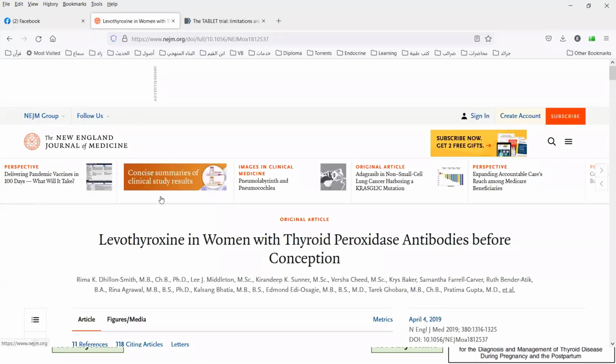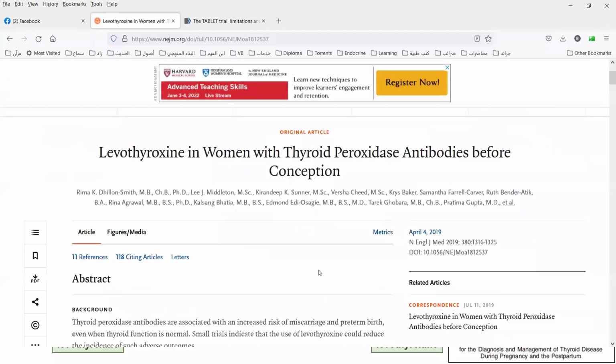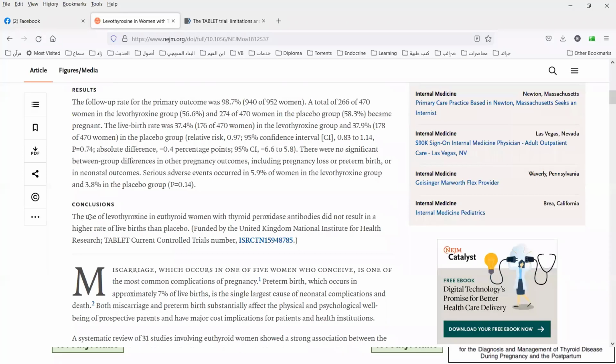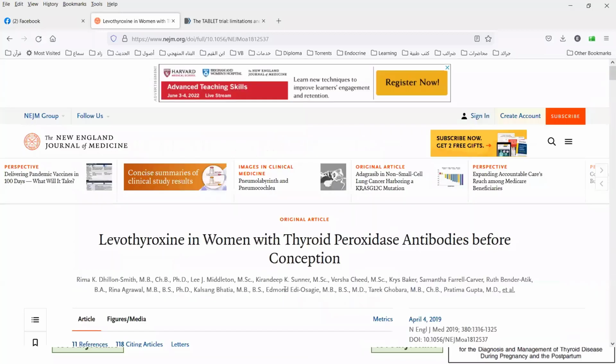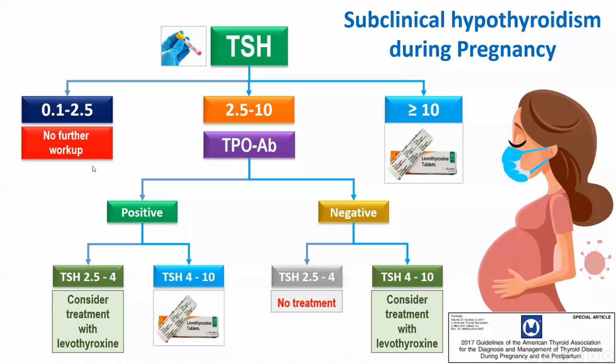This is published in the New England Journal of Medicine, April 2019. I will go to the conclusion. The use of levothyroxine in euthyroid women with thyroid peroxidase antibody did not result in a higher rate of live births than placebo. According to this trial, there is no recommendation if the anti-TPO is positive with TSH less than 2.5.